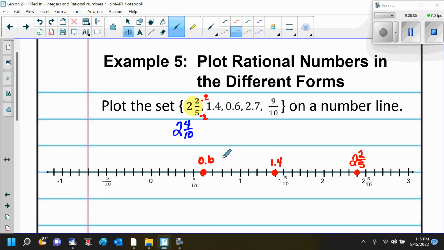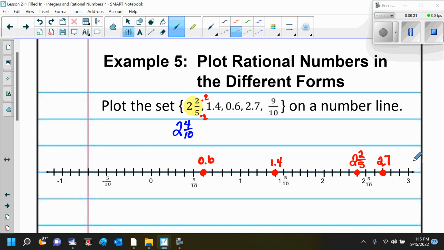And then 2.7. 2.7 is 2 7/10, right? So here's 2 5/10. That's 5, 6, 7. So here is 2 7/10 right there. So this one was 2.7.